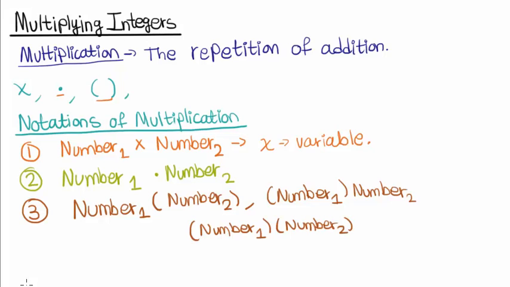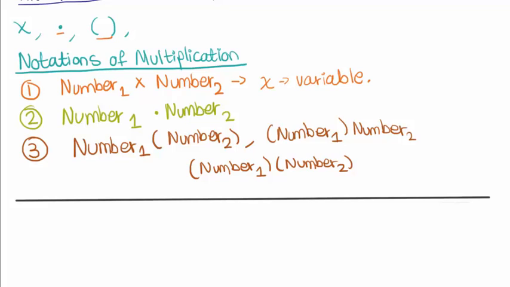Now, before we go into the examples with multiplication, I would like to go over the things that we have done so far with addition and subtraction. I would like to go over the rules for the signs of the answer for multiplication. So here are 3 rules that tell you what the sign of the answer will be when you're multiplying two numbers together.